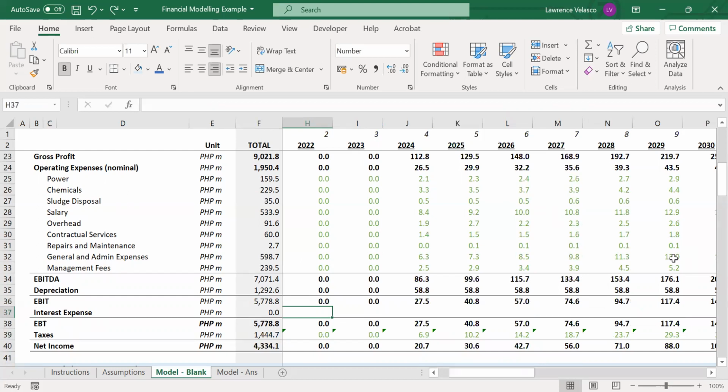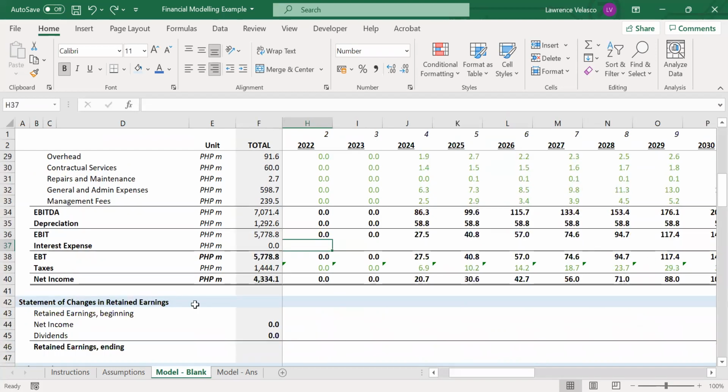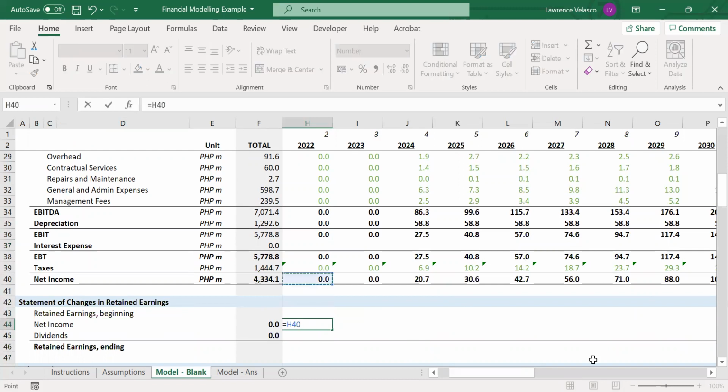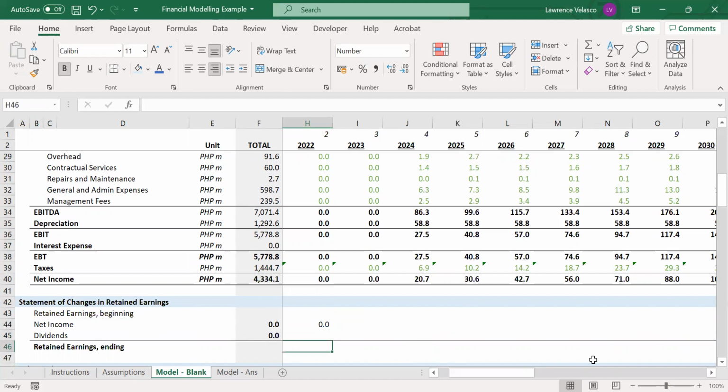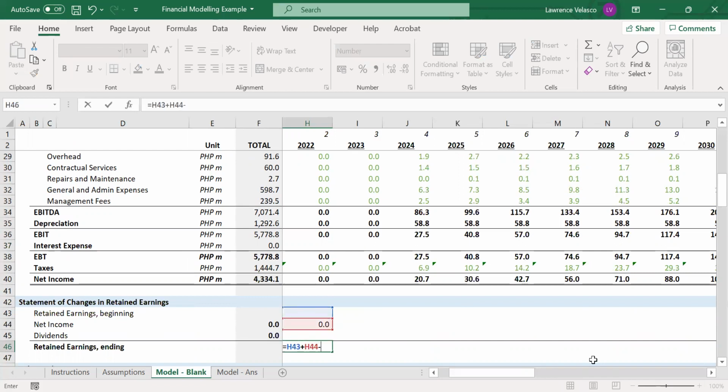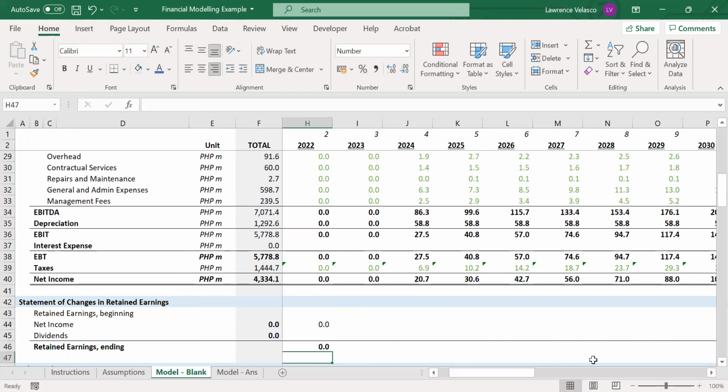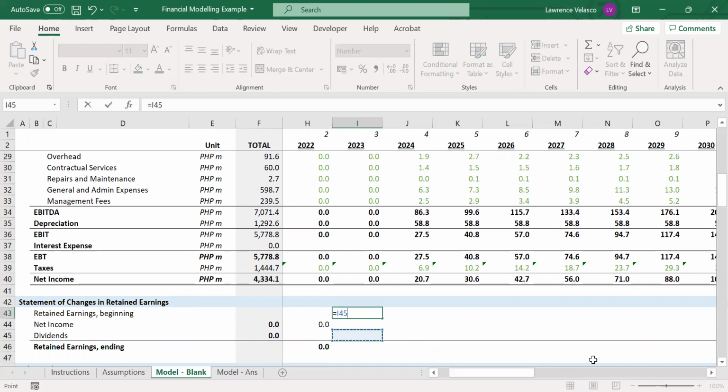Now, let's go to the balance sheet, which is statement of changes in retained earnings pala. Okay? So, sa 2020, ang net income, kukonect mo lang dun. Right? Ang dividends, blank muna. Ang retained earnings, ending at the beginning, plus net income minus dividends. Okay? So the retained earnings beginning of 2023 is the ending of the previous year.